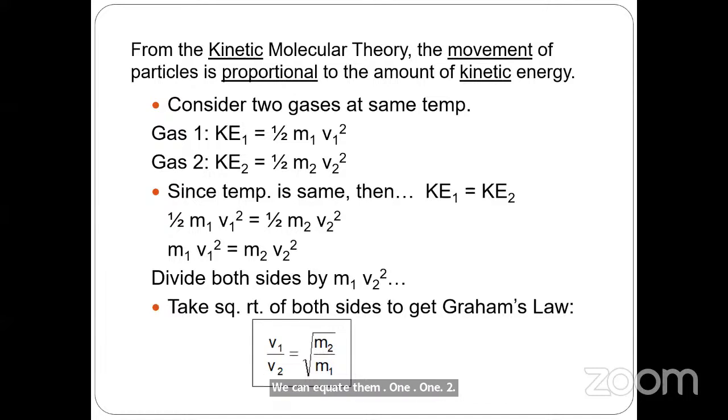And then the half will cancel each other. And then when we divide both sides by m1 v2 squared, some things cancel out, and we now have v1 over v2 to be the square root of m2 over m1. So that is how we got the Graham's law formula.